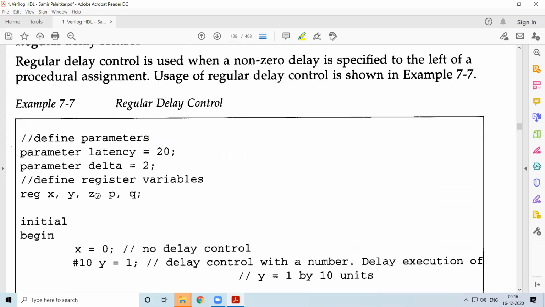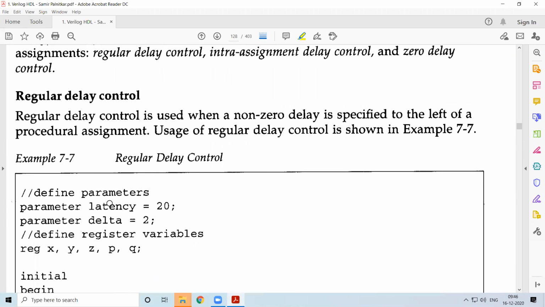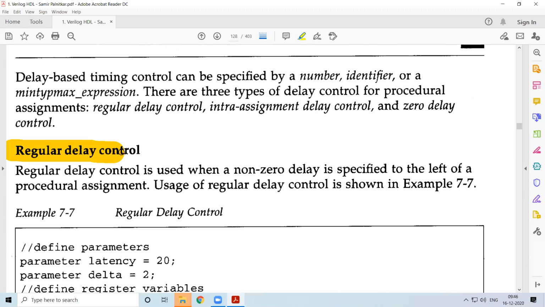Here we have three types of delay controls: regular delay control, intra-assignment delay control, and zero delay control. Let us look at these.